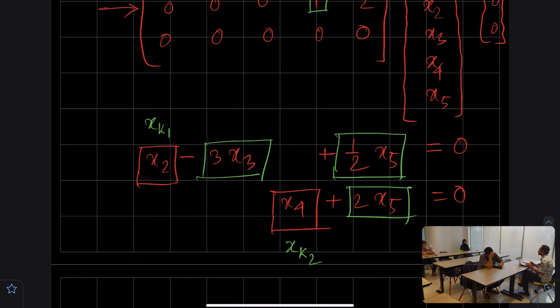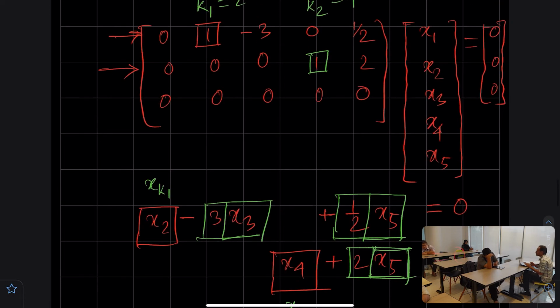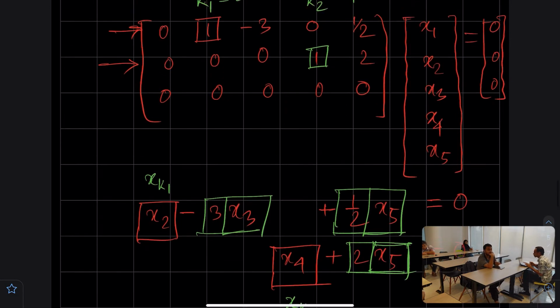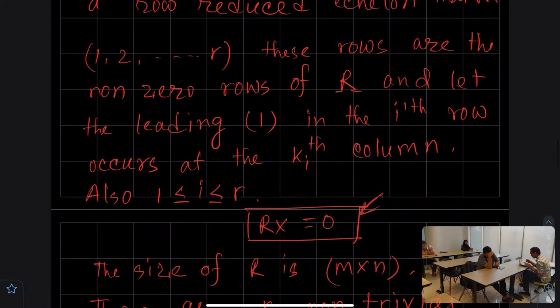So these variables are called, just ignore the coefficients, just consider this. The variables x3 and x5 are called free variables. So how many free variables will there be? For this system, this is 2.